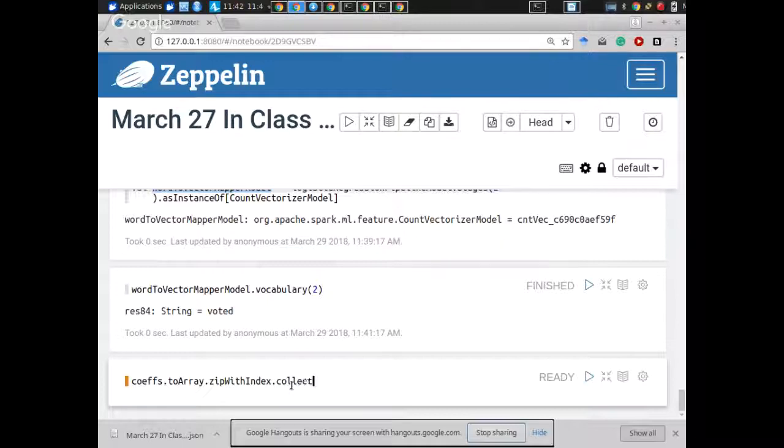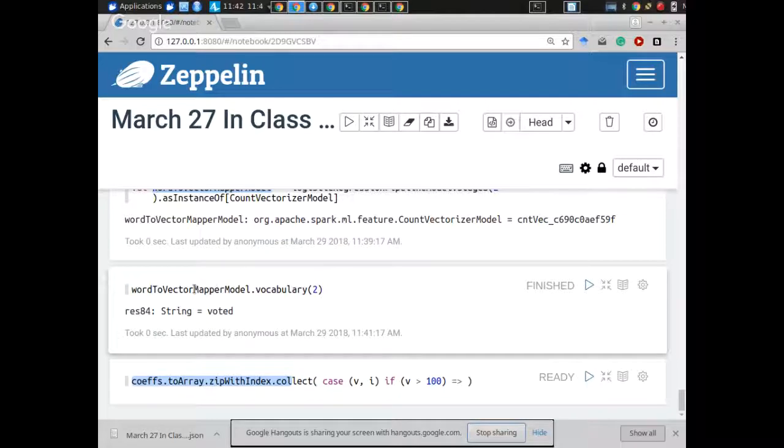Dot collect. Here's our collect. And we're going to do case (v, i) if v is greater than 100. If v is greater than 100, then we will take this word to vector model.